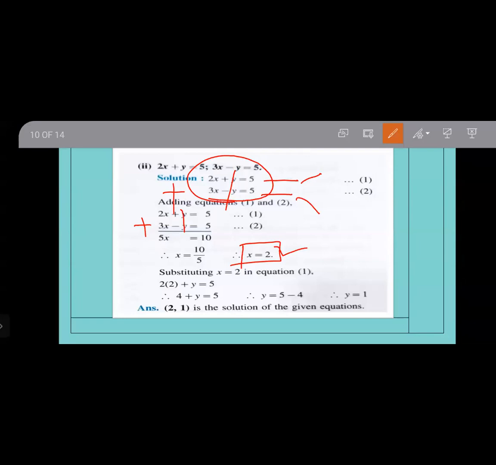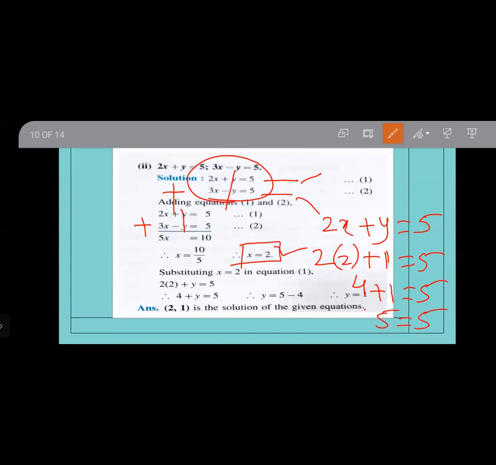Now cross check your answer. Suppose 2x plus y equals 5. This is the equation. So 2x, the value of x is 2, and the value of y is 1. 2 twos are 4, plus 1. 4 plus 1 is what? 5 equals 5.